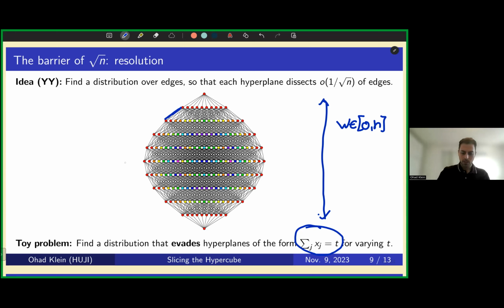Now, because each hyperplane can dissect at most one such layer, we will need at least n hyperplanes in order to capture this entire distribution, because it's uniformly distributed over different layers.